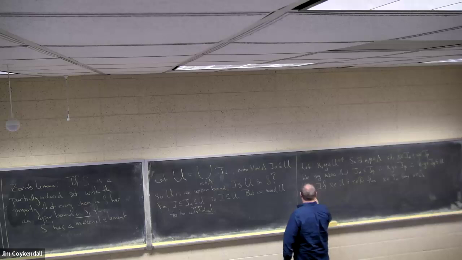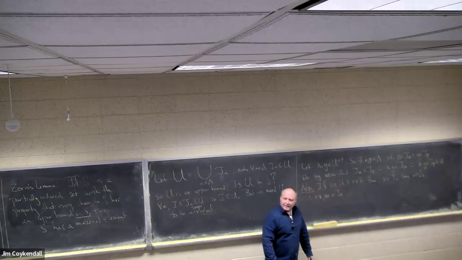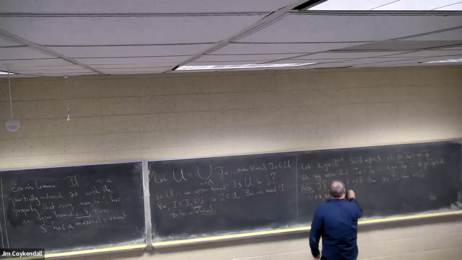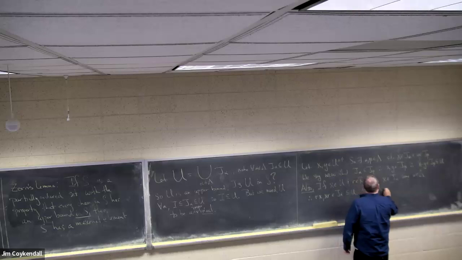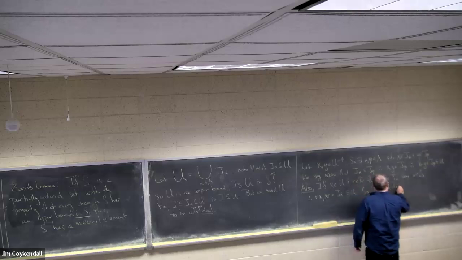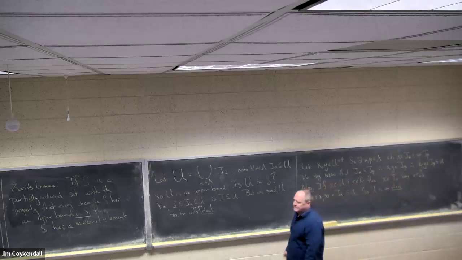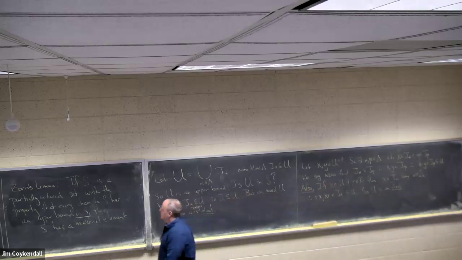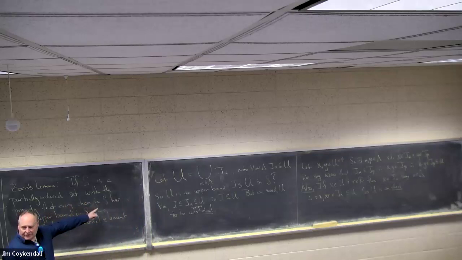Therefore rX and Xr are both in J alpha, because J alpha is an ideal, and J alpha is in U. And there you go. What we've shown is every chain in that set S has an upper bound in S.